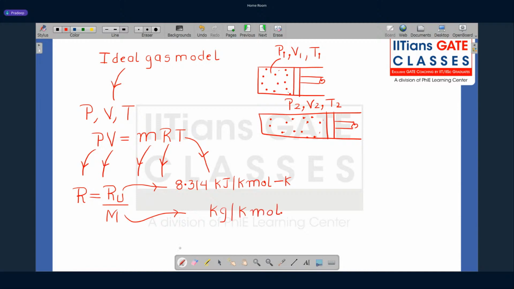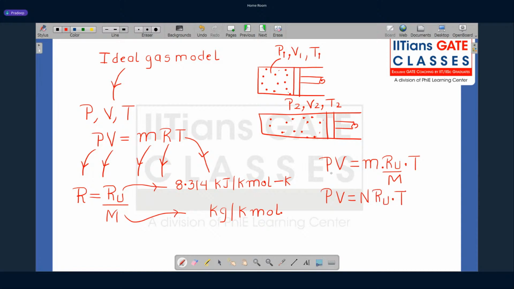So if you substitute this relation here, what do you get? PV equal to m, let me replace R, so you get Ru by M into T. So PV equal to, m by M, this is your number of moles of the gas.